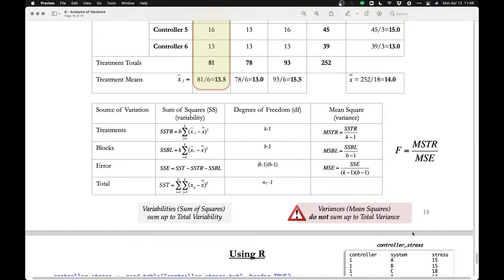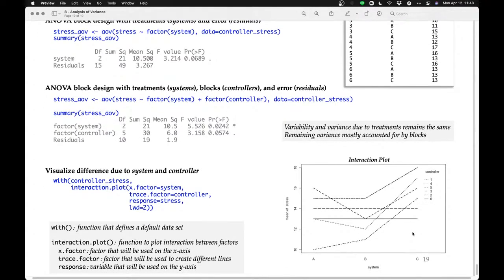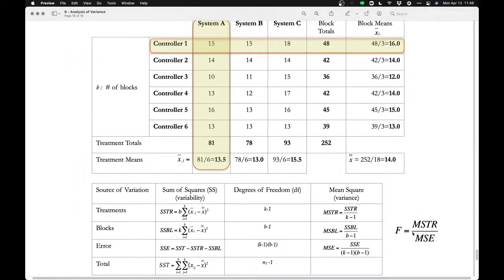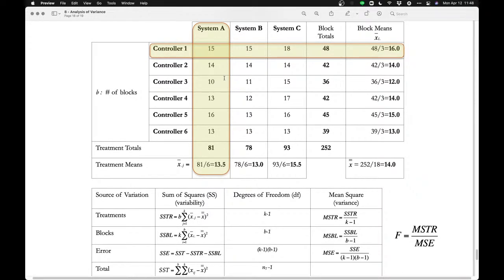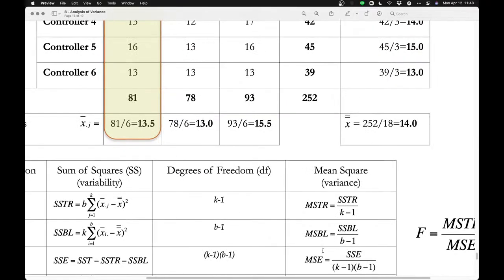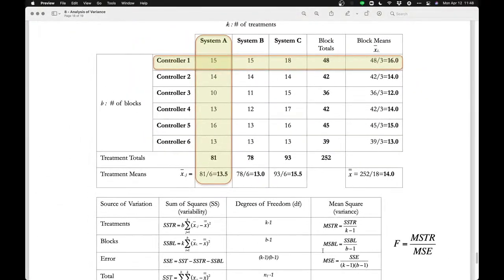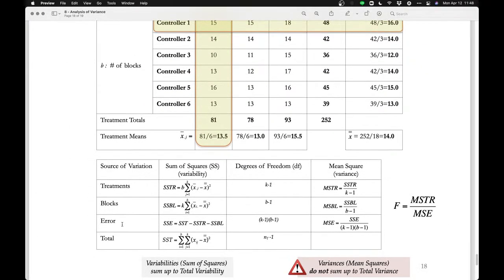All right. The reason I'm telling you about this is to make a couple of points. One is, you notice the way we're doing it is we're computing variability of the treatments and variance of the treatments, variability of the blocks and variance due to the blocks, right? And then we have to compute the error variance.